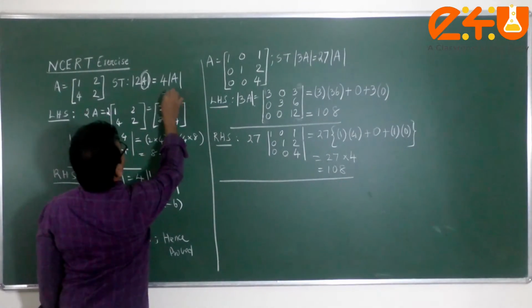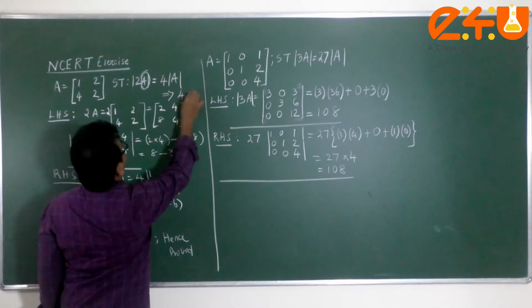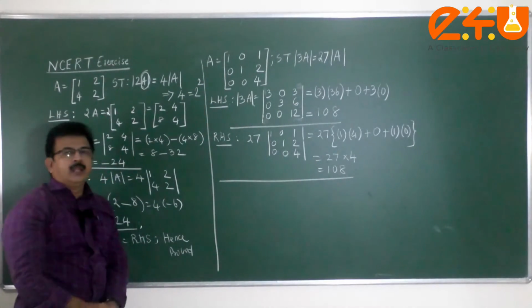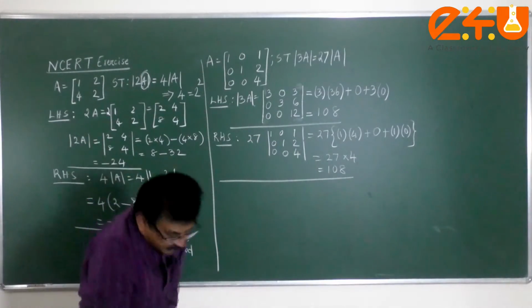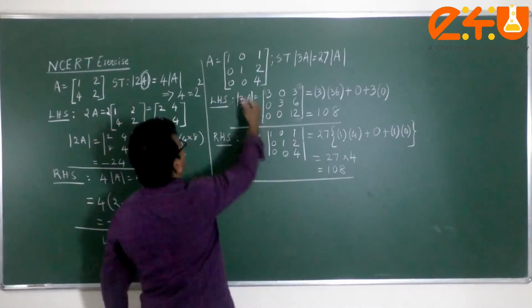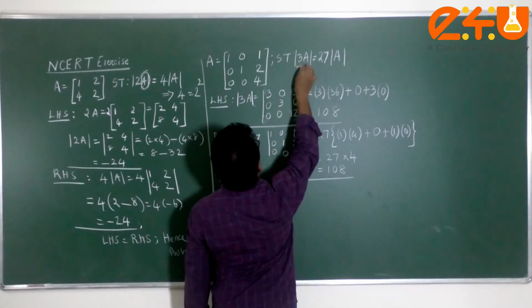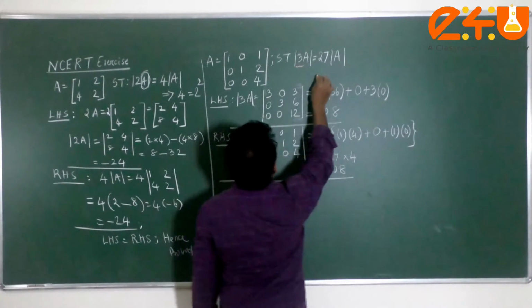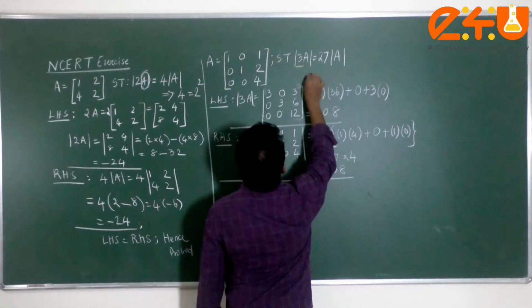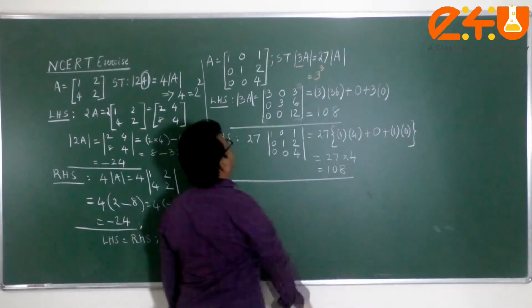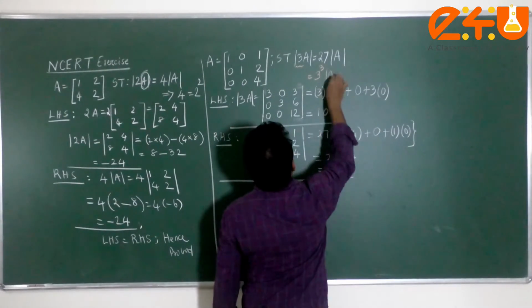We observe here 4 is 2 squared. And in the same way, in the case of a 3 by 3 matrix, when every element of A is multiplied by 3, the answer is 27 times. And what is 27? It is 3 power 3 times determinant A.